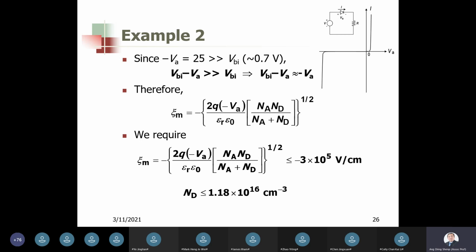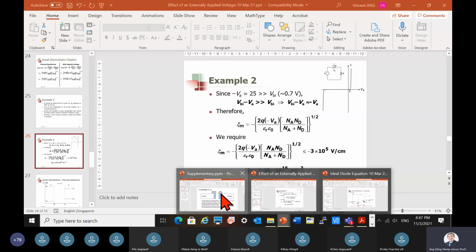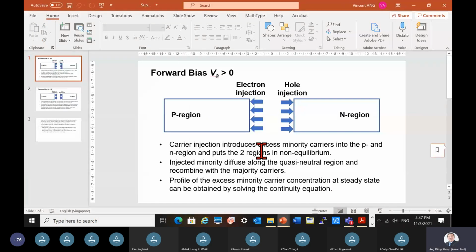Okay, at this point, I want to move to some supplementary notes I have prepared. Now, I think you do not have this yet, but never mind, because in the usual lectures conducted in the LT, I would sometimes write on the board. So these are some of the things I will write on the board.